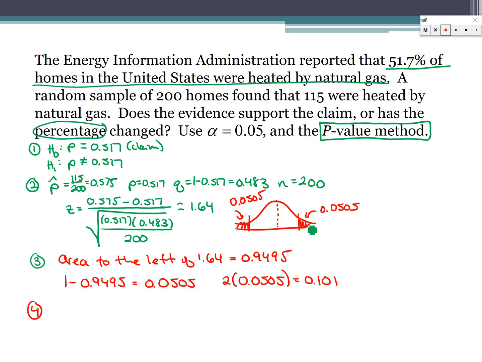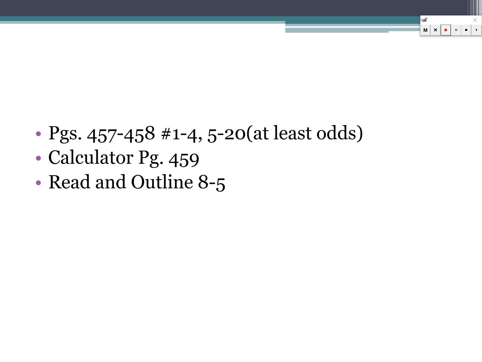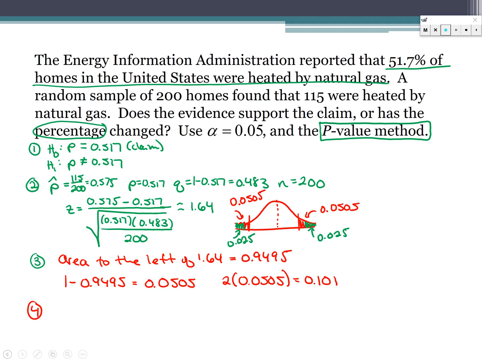So that has to be split amongst the two tails. So alpha would be 0.025. So our p-value is in the red. It is bigger than our alpha value. P-value greater than alpha, so we do not reject.